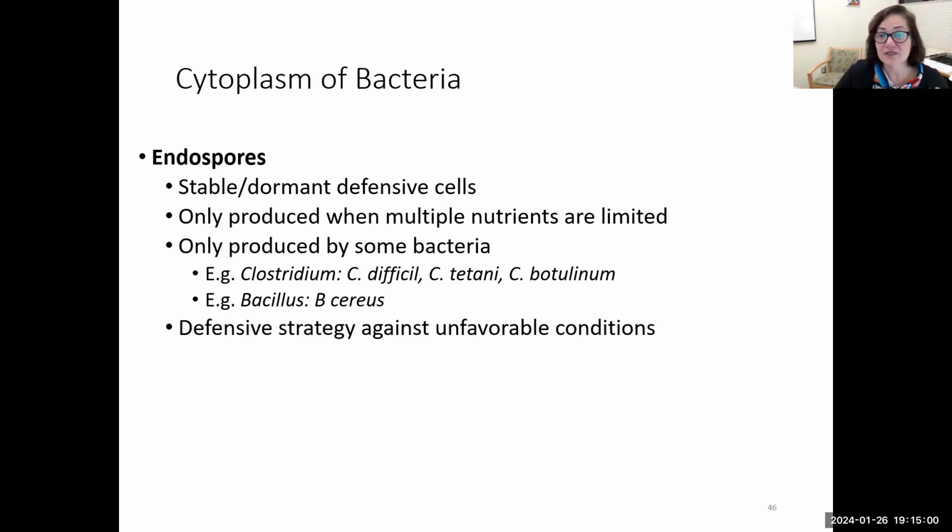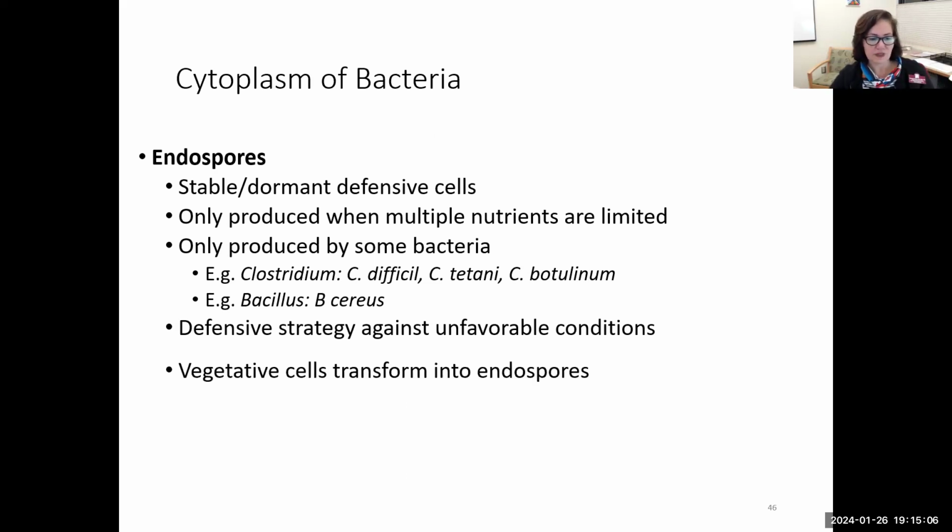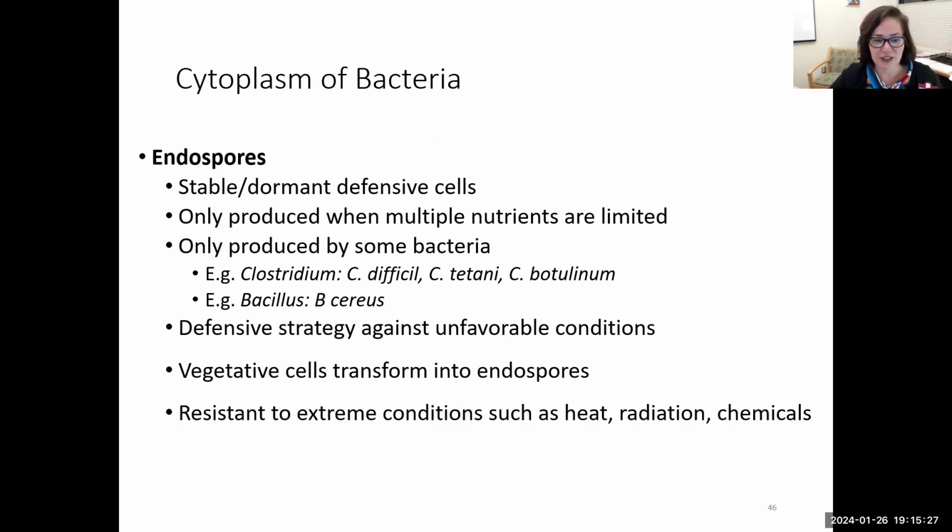And so it's a defensive strategy that the bacteria have to survive unfavorable conditions. The vegetative cells can transform into the endospore. So it's like, I'm going down. If the conditions continue on this trajectory, we're going to die anyway. And so they hunker down and make this very tough structure that can survive really harsh environmental conditions.